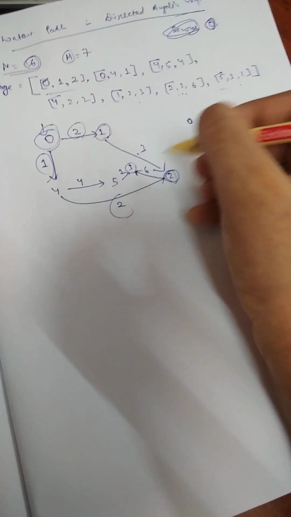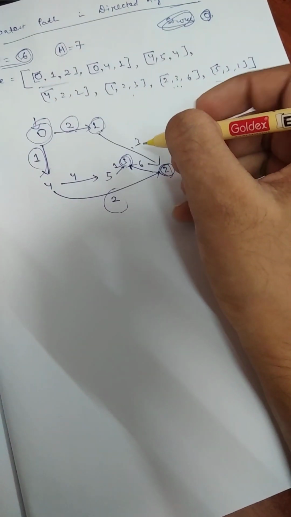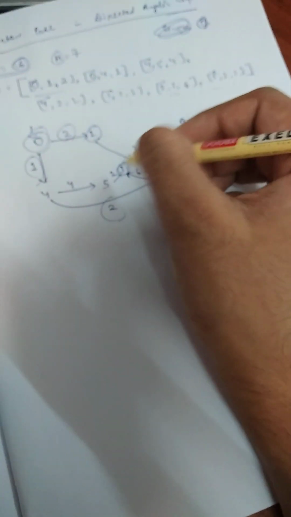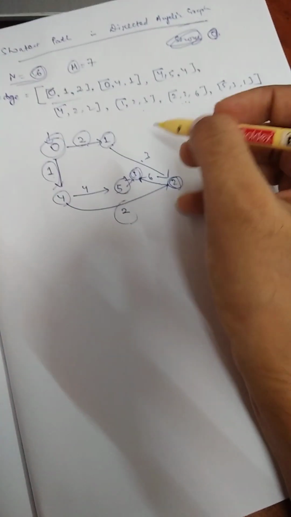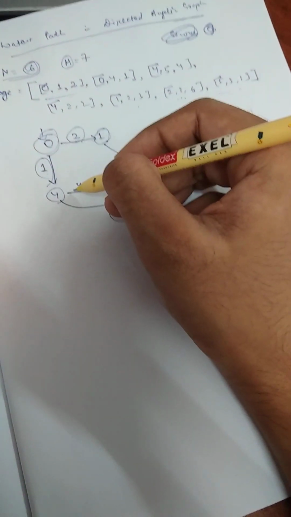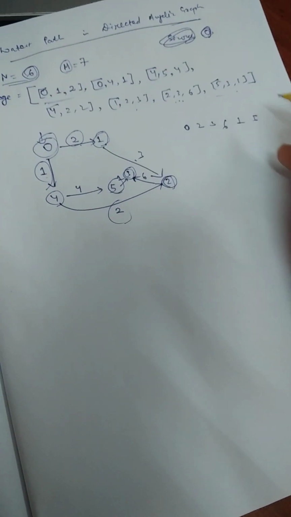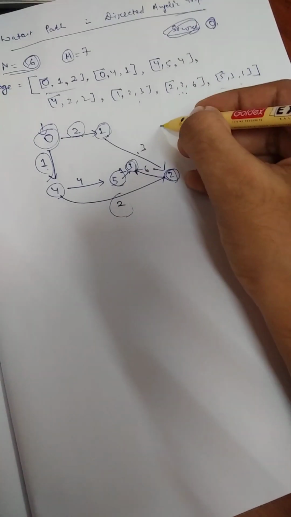Now for node number 3, the minimum path, I think, is 1, 4, 1. This gives a path of 6, right? For node 4, the minimum path is 1. For node 5, the minimum path is 1 plus 4, 5. And that's it. So that's the answer which we have to return.